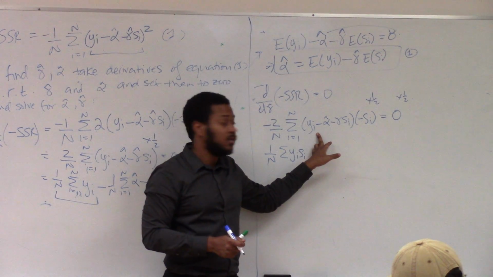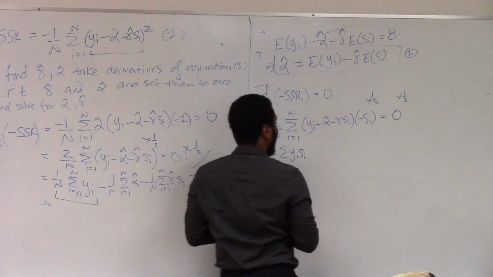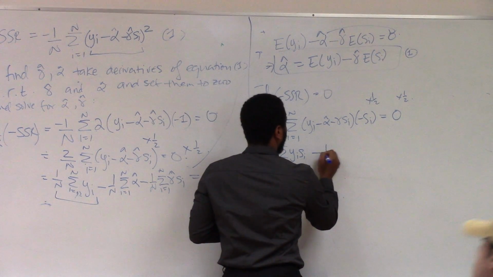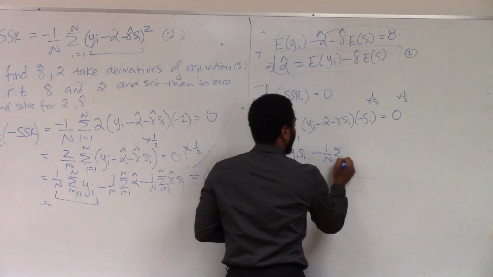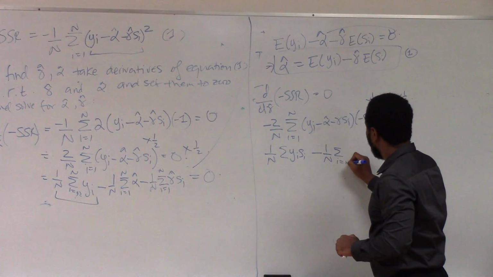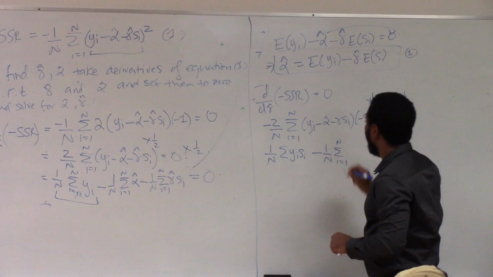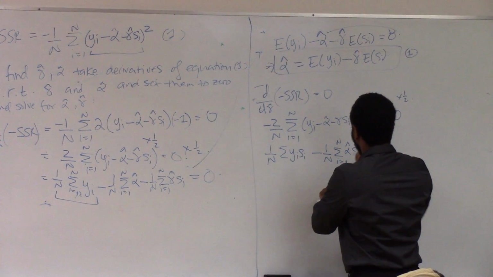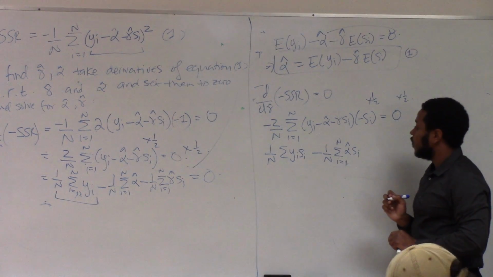Does that make sense? Then the second term is going to be minus 1 over n, the sum from i equals 1 to n of alpha hat si, right?